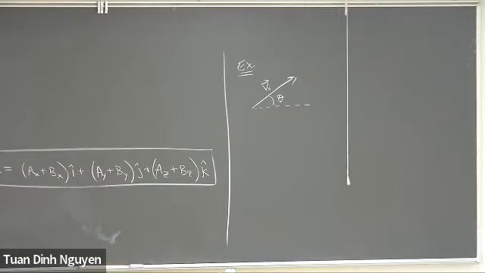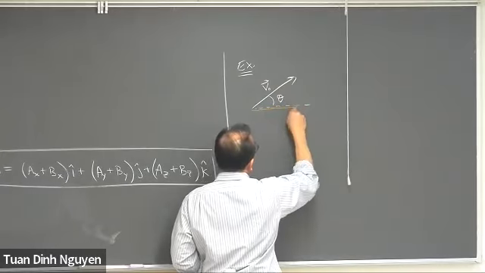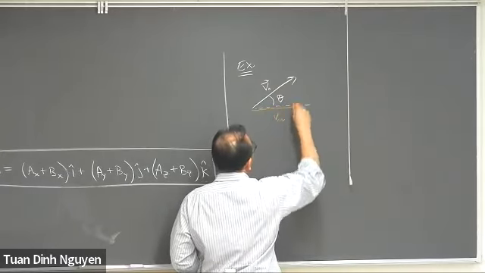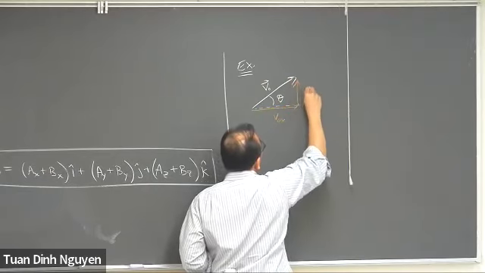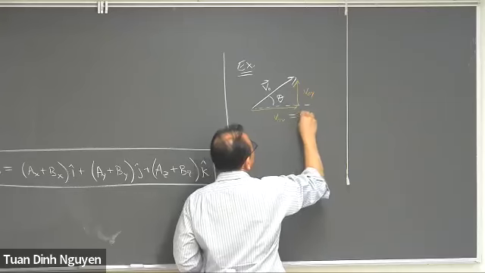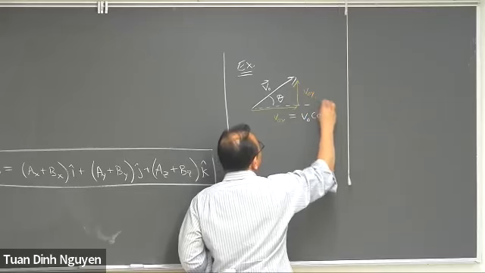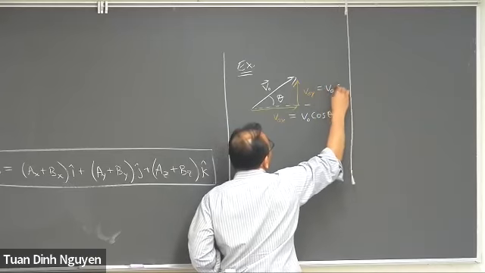And if that's all, immediately you should be able to write down the components. Immediately, you should be able to write V0 cosine theta, V0 sine theta.